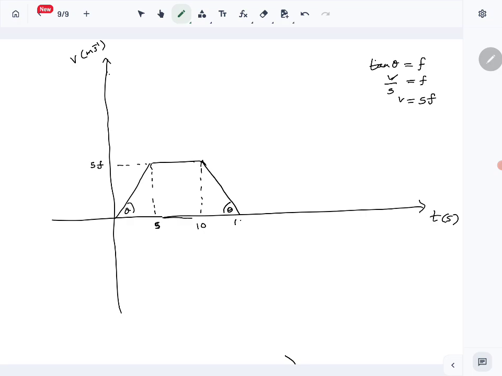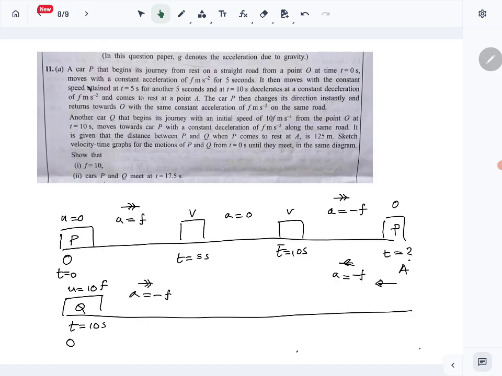So from symmetry, it is clear, if this is 5 seconds, this has to be 5 seconds. So then this time has to be 15 seconds. So we have drawn car P's graph up to this point.